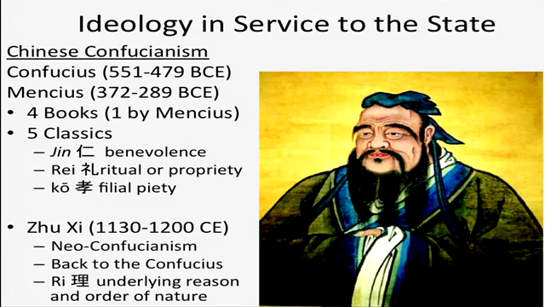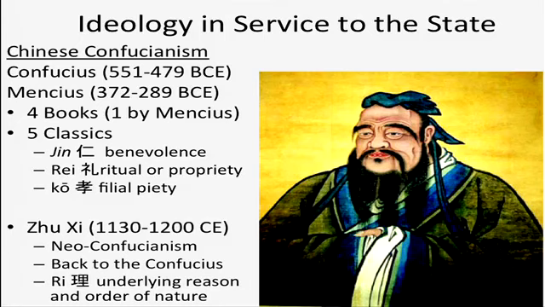As we talked about a few classes ago, this Chinese Confucianism comes to Japan and becomes very influential, but the bases are not very different from the original Chinese Confucianism. So Confucius lived in the 500s, was a scholar writing about how to make society function better, right? This is a series of political, ideological truisms that he's writing down.